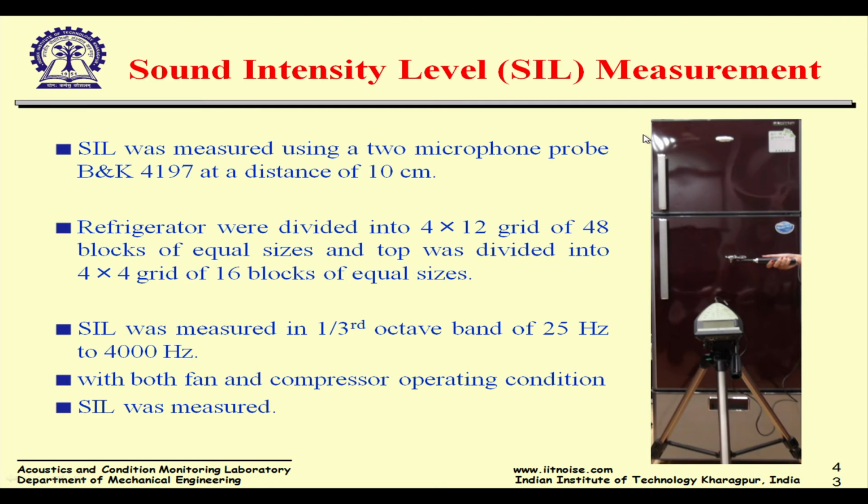And then of course we did a sound intensity level mapping for the entire refrigerator, so as to find out which is the most noise producing element, which component. So before we did the SIL, we were not sure whether it is mostly the evaporator fan or the compressor at the bottom of the refrigerator. So SIL very easily gave us that information.